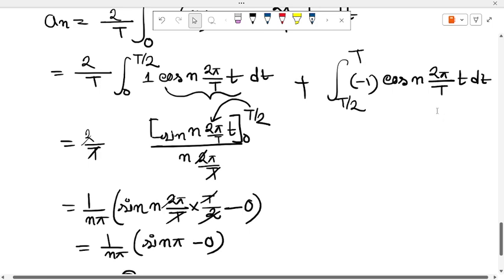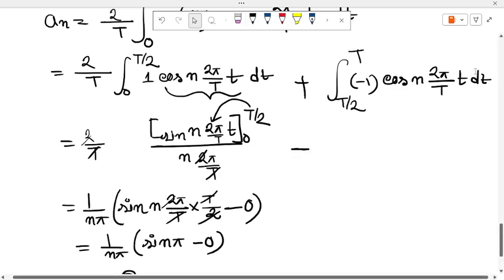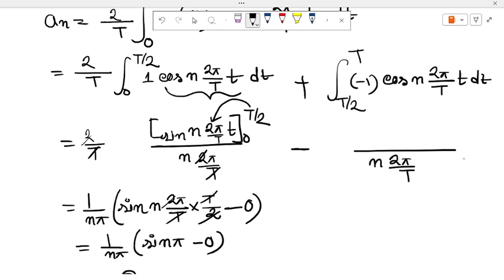Okay, now let's see what happens to this term. I think this term is also equal to 0, but let's see. Minus, then if I integrate cos, I will have sine n 2 pi by T t. Where is 2 by T?